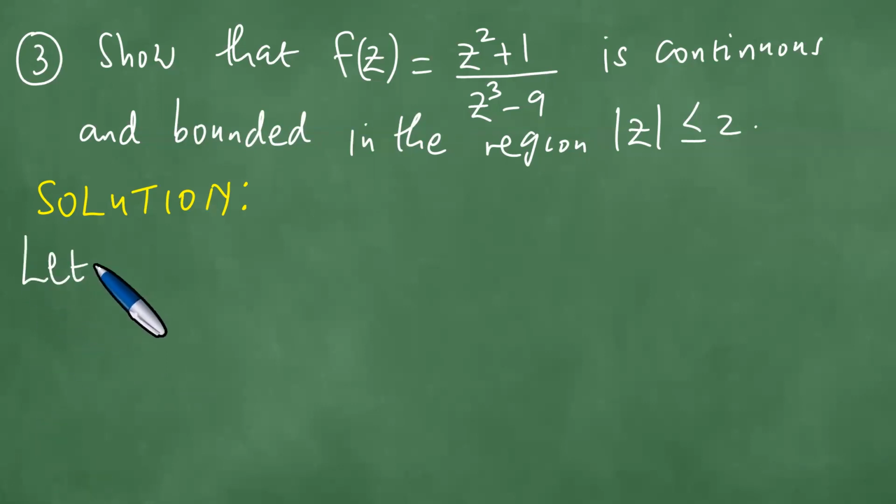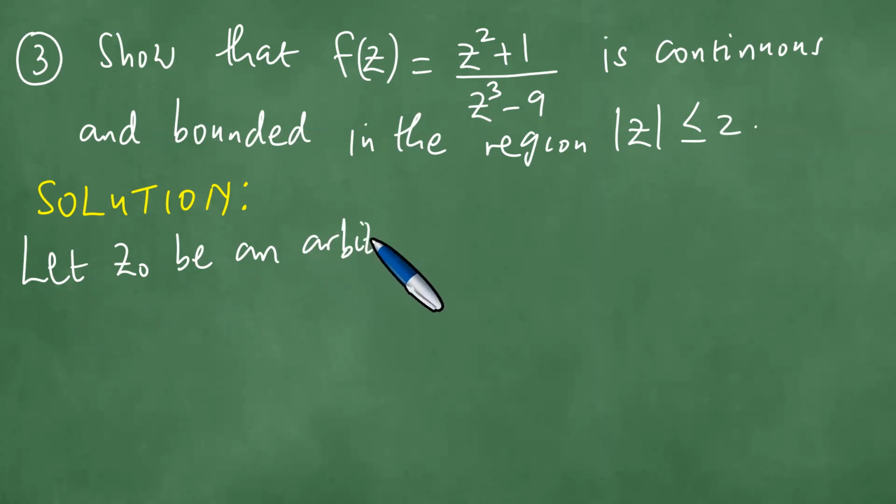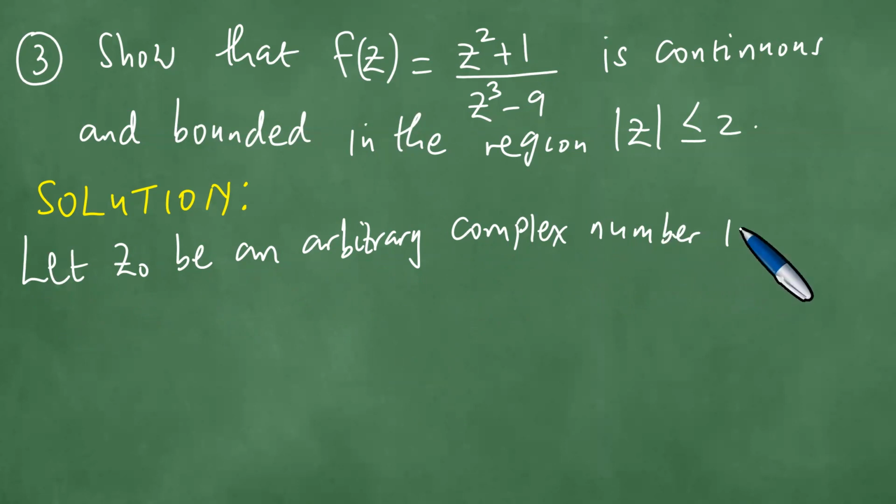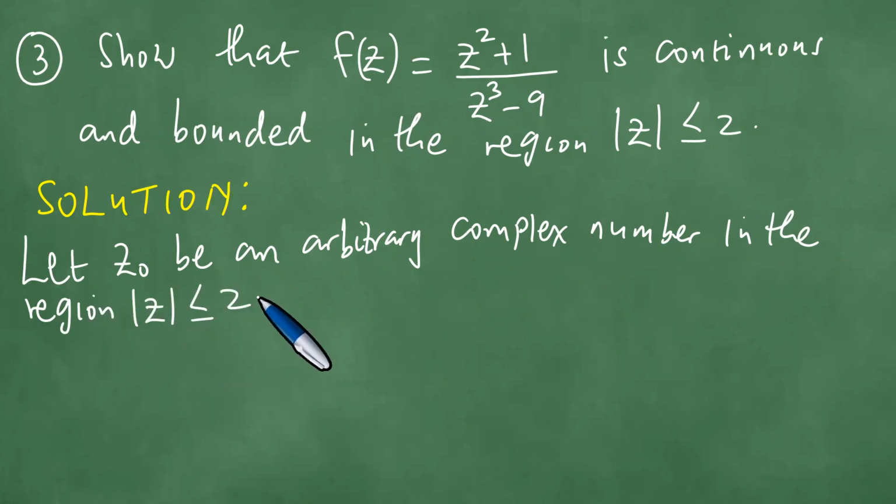So we let z0 be an arbitrary complex number in the region mod z is less or equal to 2, like this.